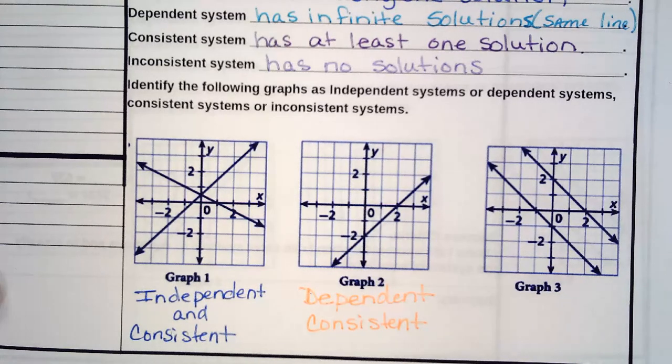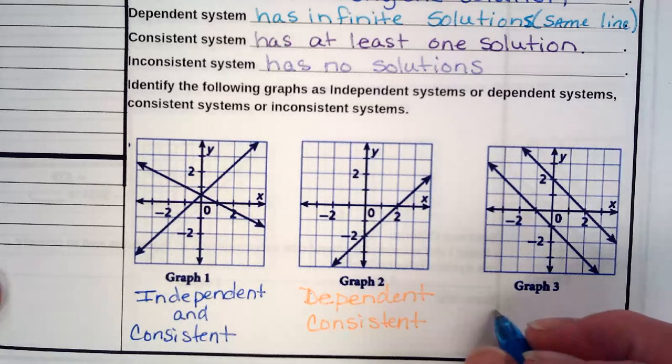What about graph 3? Those are parallel lines. Is it independent? No, it doesn't have one solution. Is it dependent? No, it's not the same line. Is it consistent? Does it have at least one solution? Nope. Inconsistent.